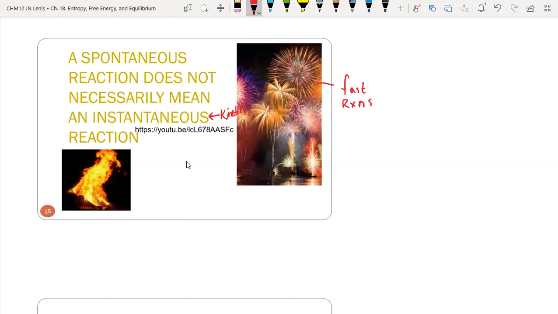Once the oxidation process gains the right amount of kinetic energy and achieves the energy of activation, the reaction goes to completion, which is a combustion.